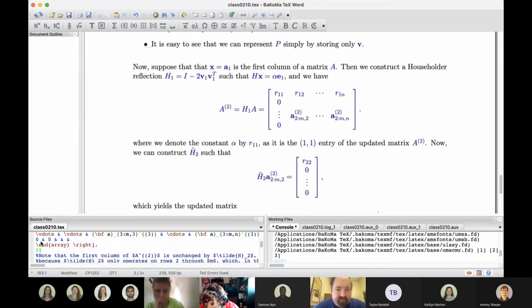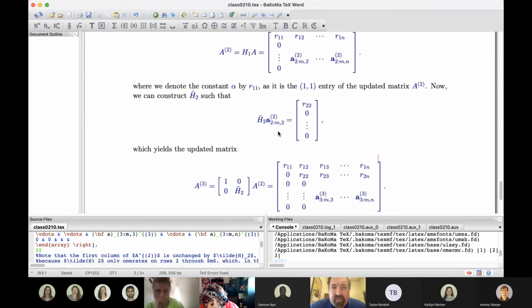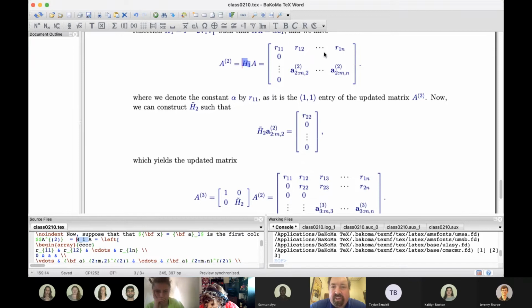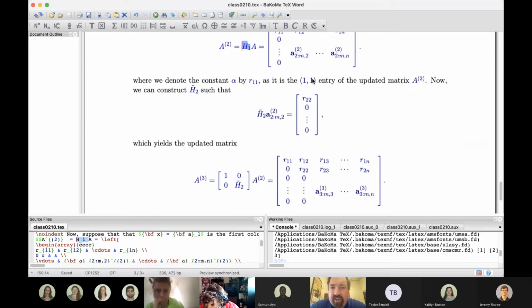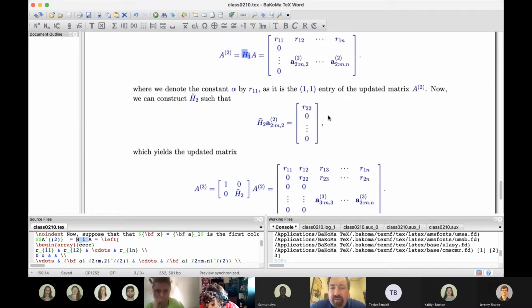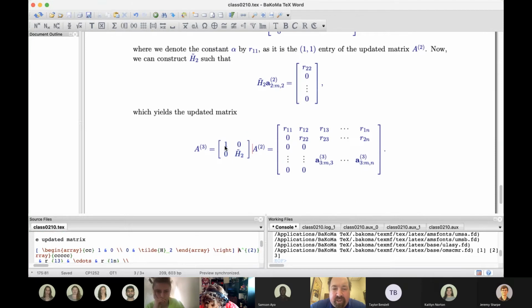The first Householder matrix affected the entire matrix, but H2 tilde does not. It only affects this lower n-1 by n-1 part. So if I define this matrix to have a 1 here, and then the Householder reflection here, to be m by m, then I have a matrix that has made more progress towards upper triangular form.